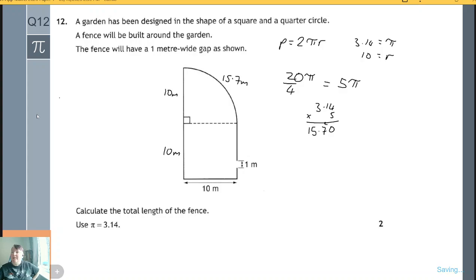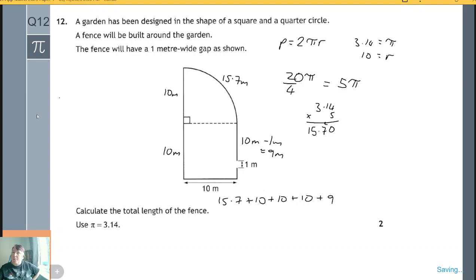Okay. And it's just adding up. I have got 15.7 plus 10 plus 10 plus 10 minus 1. Oh, sorry, tell a lie. So that's 10 there, minus 1, which is 9. Okay, so 15.7 plus 10, plus 10, plus 10, plus 9.